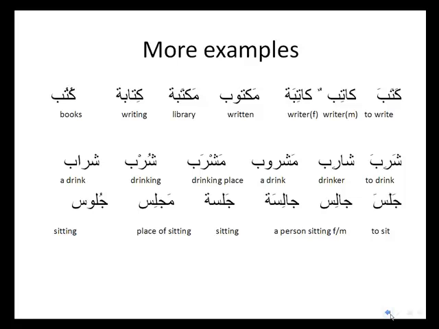And from the verb jalasa, or from the 3 root letters jim, lam, sin, you can find jalis, jalisa, a person sitting, jalsa, sitting, majlis, a place of sitting, and julus, the act of sitting.